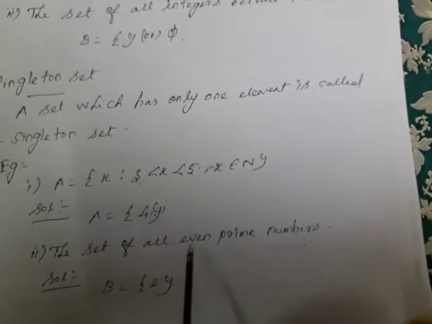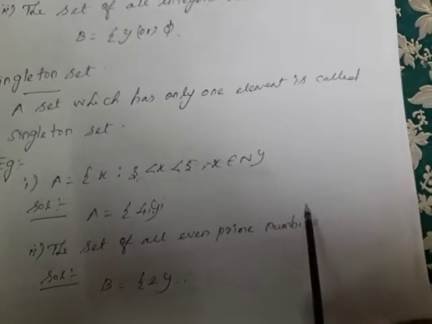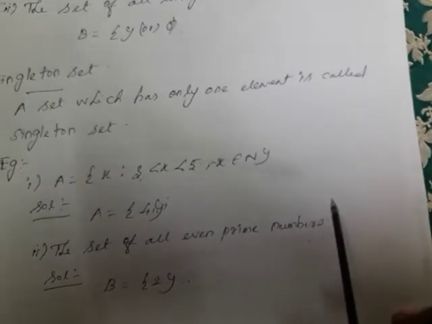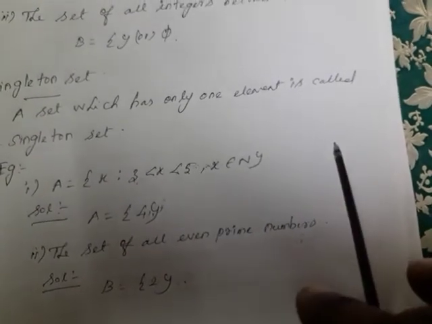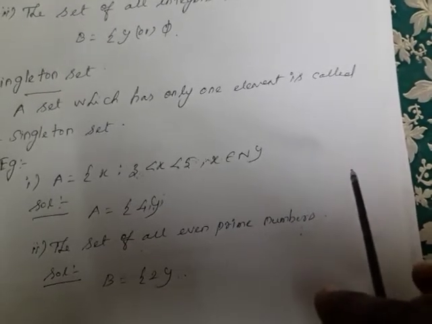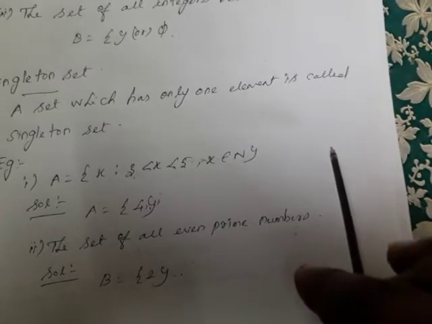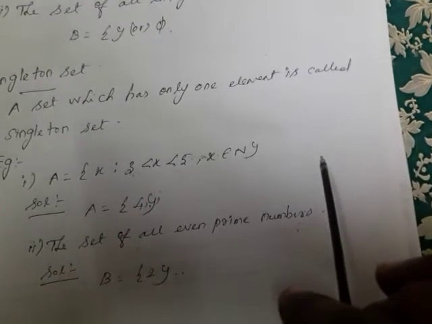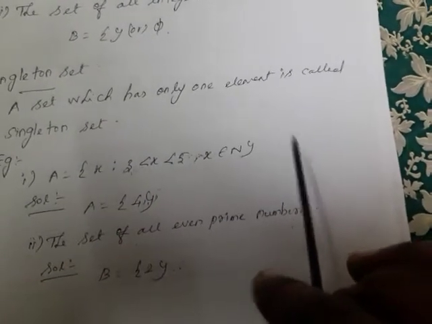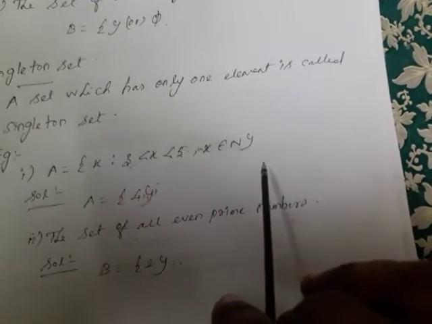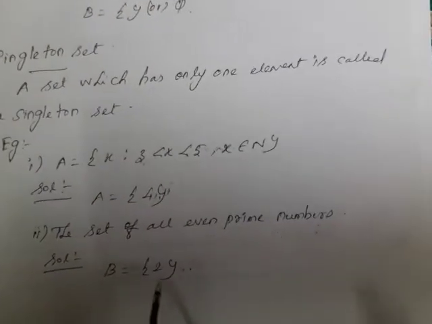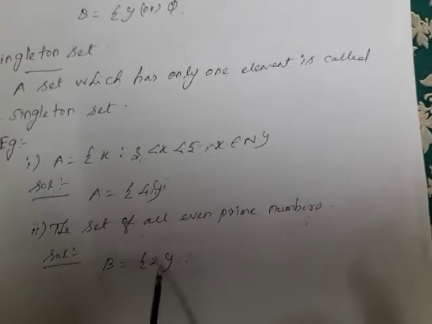See, 2, 3, 5, 7, 11, 13, 17, 19, 23, 29, 31, 37, everything else is an odd prime number, not an even prime number. So 2 is the only element, so this is also an example of a singleton set.